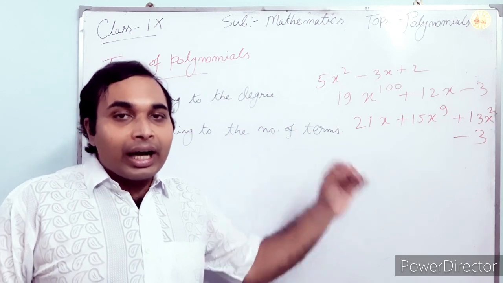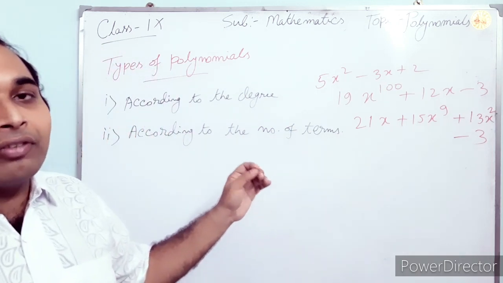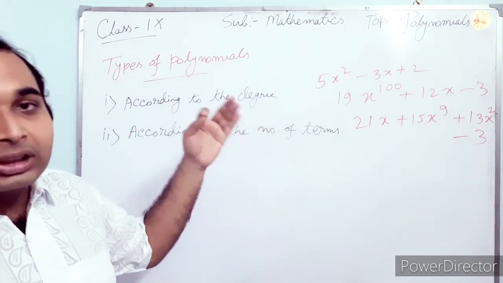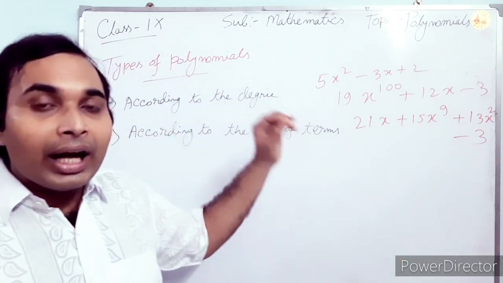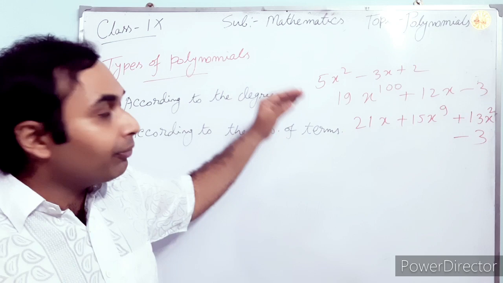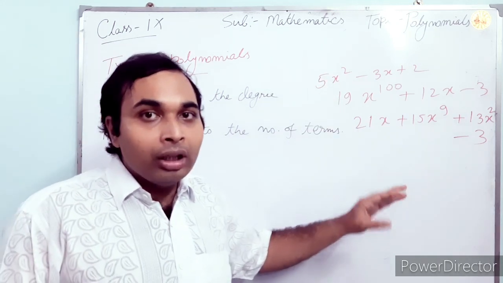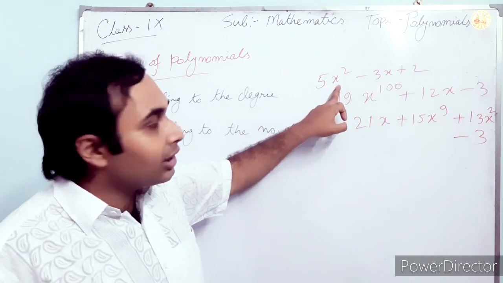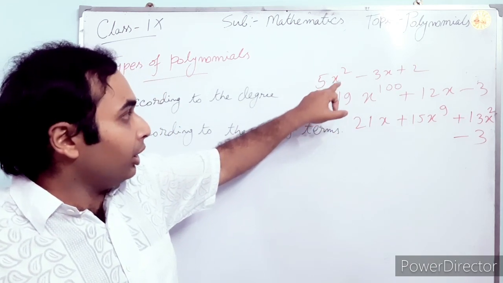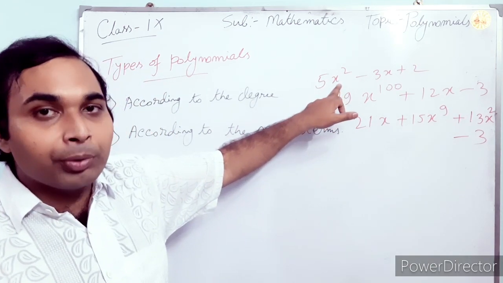Degrees means the highest power of the variable in the polynomial is called the degree of the polynomial. I repeat, the highest power of the variable in a polynomial is called the degree of the polynomial. Here the highest power is 2, so that's why this is called a 2-degree polynomial.